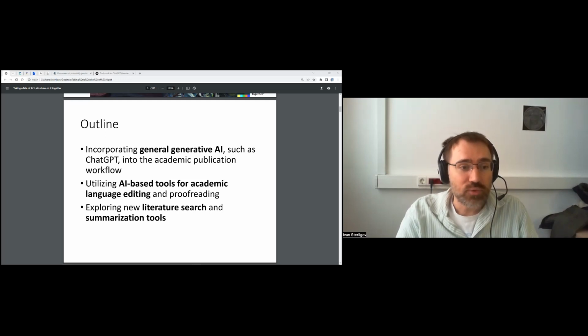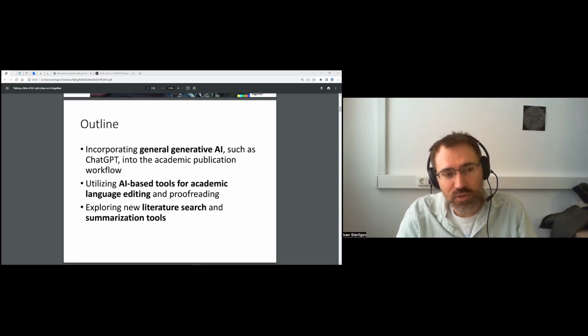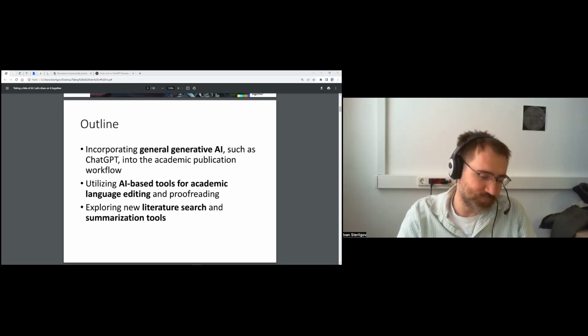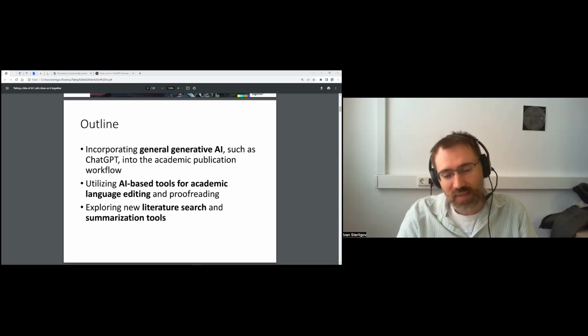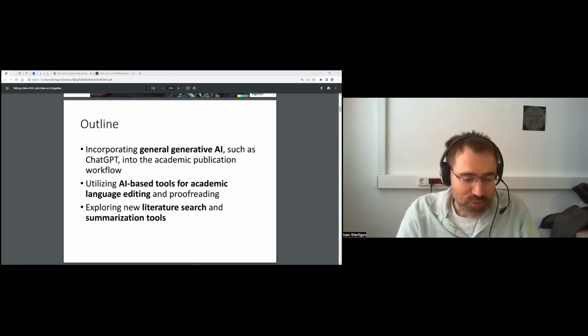Here, I have to stress that I use terminology like general, generative AI in mostly layman's terms, because I'm not an expert in artificial intelligence, and general AI is often used as a term to refer to the all-seeing and all-capable artificial intelligence.